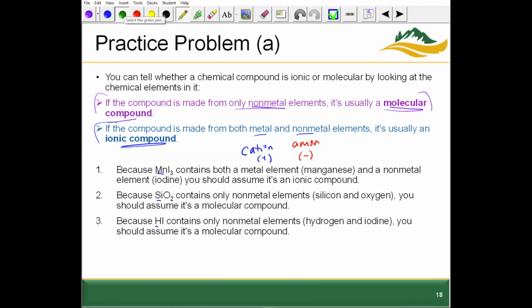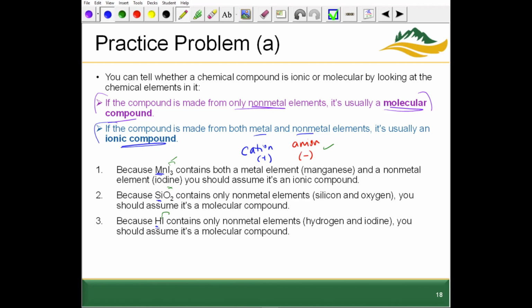Importantly, for both molecular and ionic compounds, this anion portion is going to be a nonmetal. So if we know the nonmetal is here in the anion position, that doesn't tell us if it's a molecular or ionic compound. Just the presence of a nonmetal here doesn't tell us which one this is. What we need to look at is the cation portion of the compound.